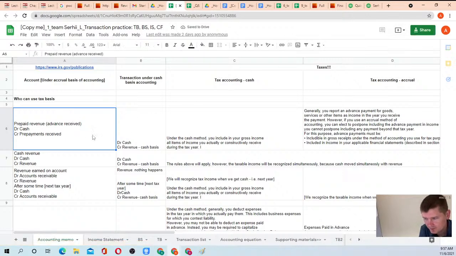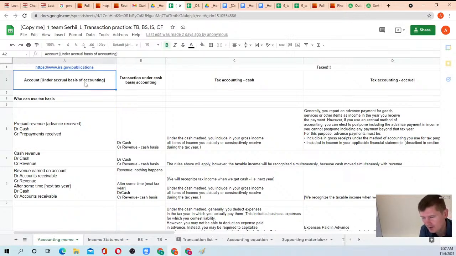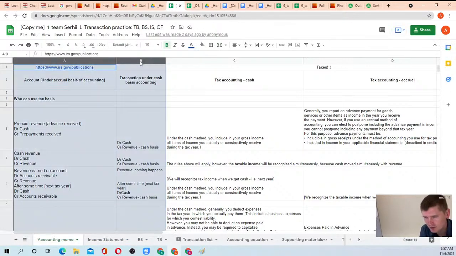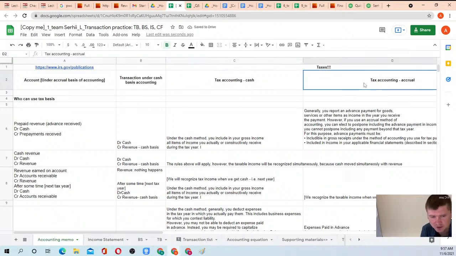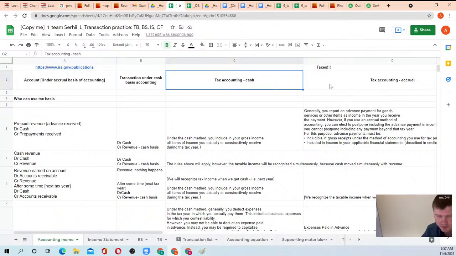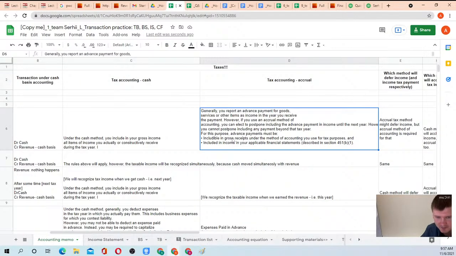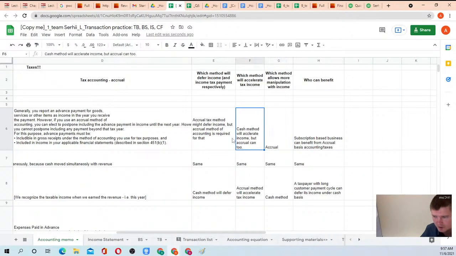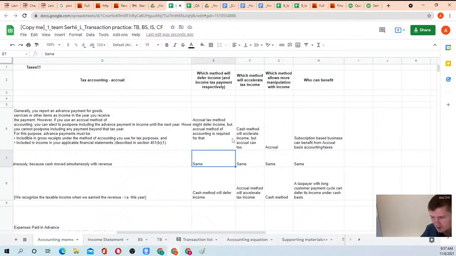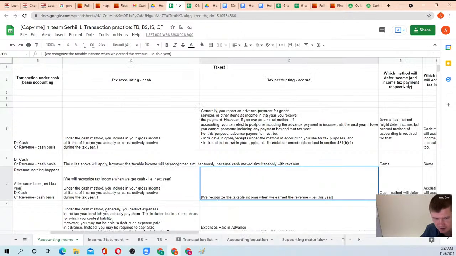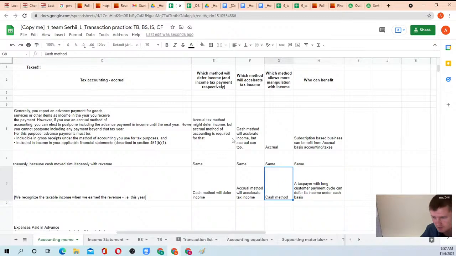So in these two columns, we describe the transaction and how it would look under the accrual method. And then in these two columns, we search for accounting guidance to find how the transaction is treated. We will revise these in the following modules, so I will not concentrate much on that.